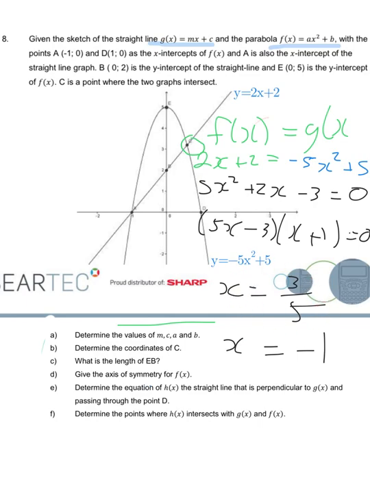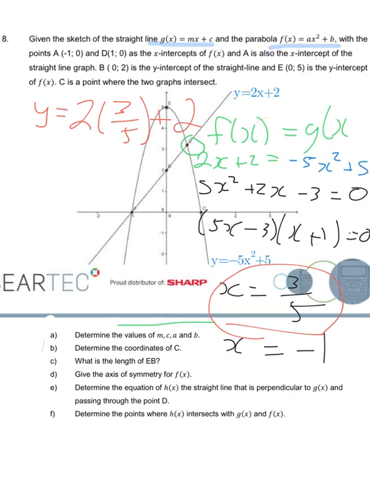Now in order to find the y value, I have to take this value here and plug it back into one of my equations, and so I get y is equal to 2 times 3 over 5 plus 2.